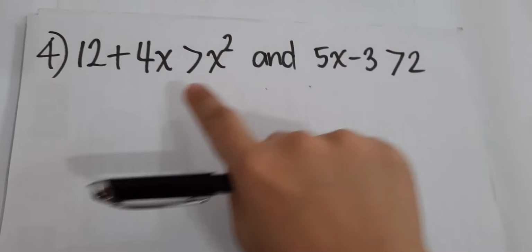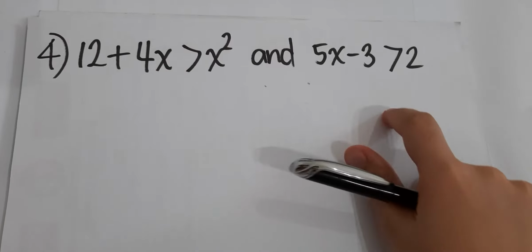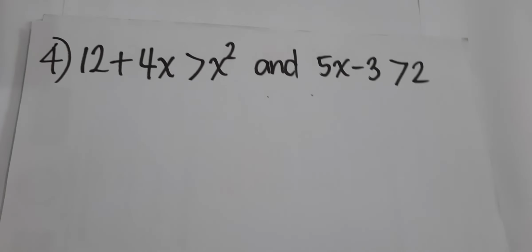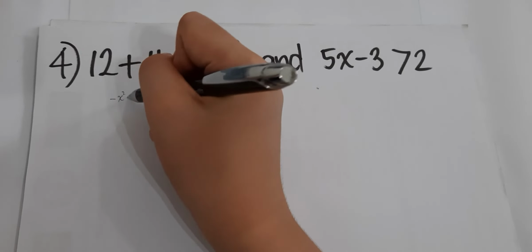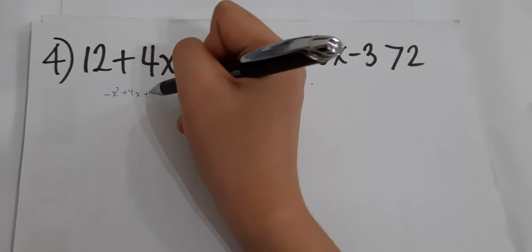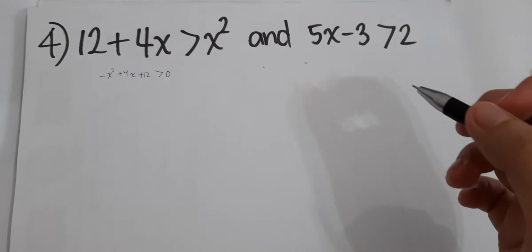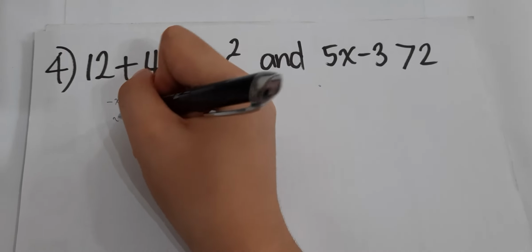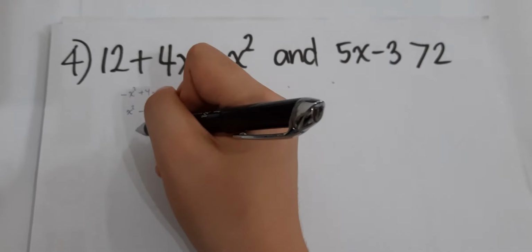Now, again, if you have a compound inequality like this, you will solve each individually and graph on a real number line. So we will solve this. This will be minus x squared plus 4x plus 12 greater than 0. I don't like negative, so I will divide everything by minus 1. So this will be x squared minus 4x minus 12, and this will change the inequality.